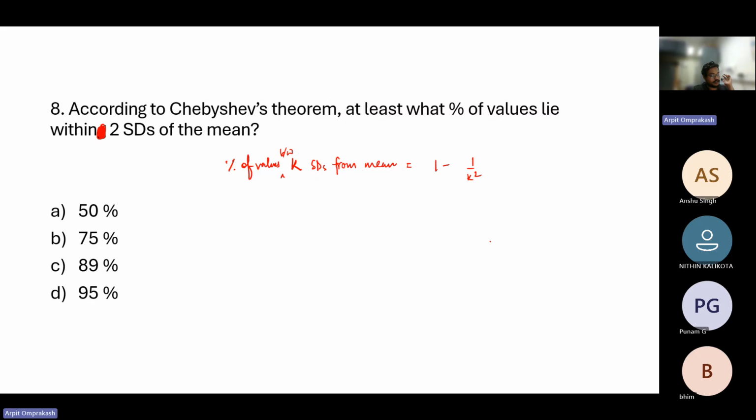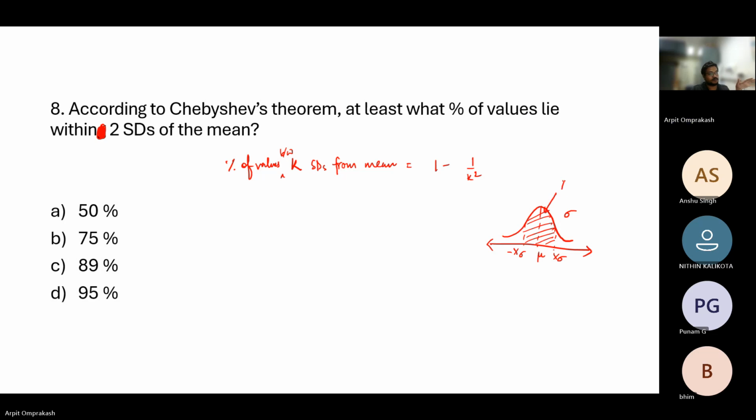So what it tells you is that if you have a distribution like this, where you basically have your mean somewhere here, and you have a standard deviation. So if you take from minus k sigma to k sigma, in this range, what is the proportion of data that is present here?